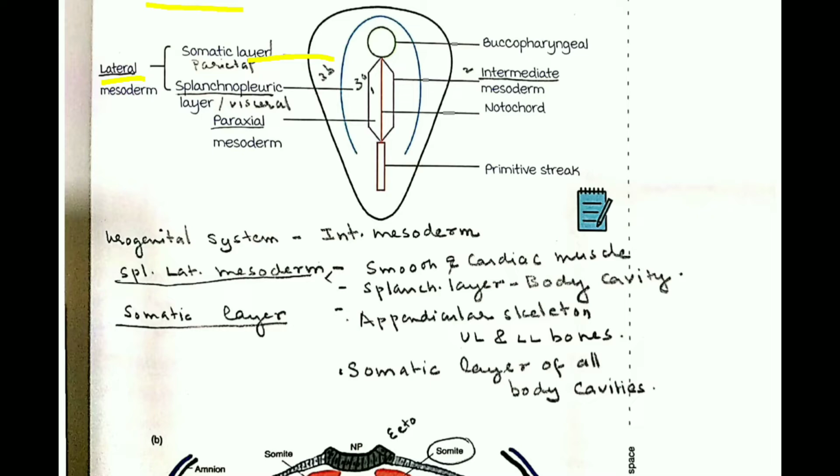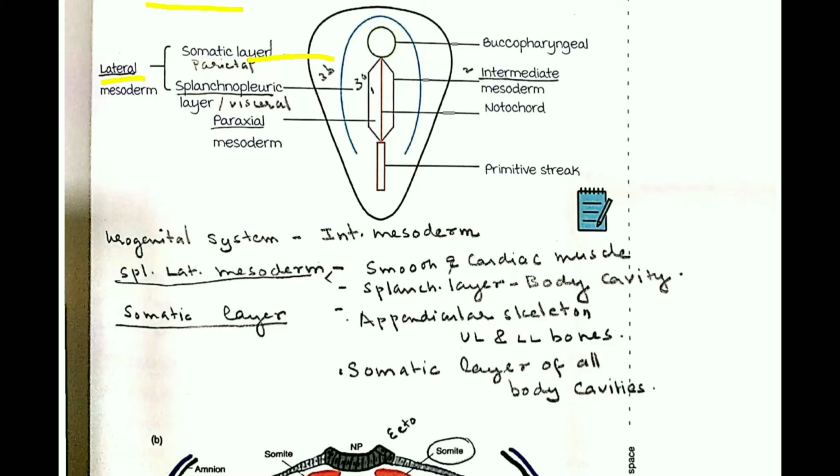Now I'll talk about what structures are formed from each subdivision of intraembryonic mesoderm. From the intermediate mesoderm, which is this one, the urogenital system is formed, and from the splanchnopleuric layer of lateral mesoderm we have the smooth and cardiac muscle formation, also the splanchnopleuric layer of body cavities, which are the peritoneal, pleural, and pericardial cavities.